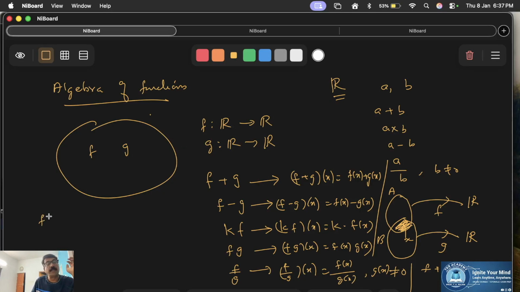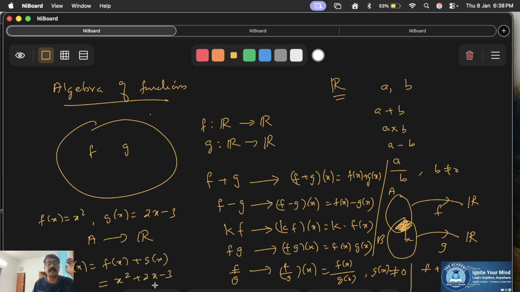These are some operations on the set of functions. For example, if you take f of x is equal to x square and g of x is equal to 2x plus 3, two functions from A to R, both functions have the same domain, then you can define f plus g by f plus g of x is equal to f of x plus g of x, which is equal to x square plus 2x plus 3.